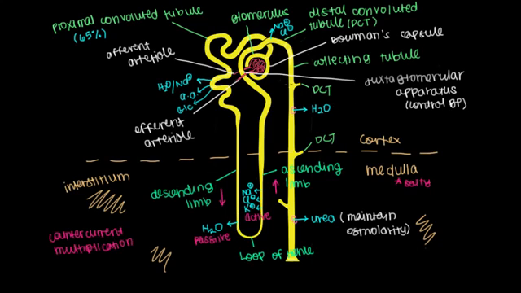And finally, I want to close the loop on what happens to this poor efferent arteriole right here, because we came off the afferent arteriole, and this, I promised you, would turn into a capillary and then a venule. And here's where I'm going to talk about that. Because we've reabsorbed all of these awesome things here in blue, but we don't have a way to put them into the bloodstream yet. Well, the efferent arteriole gives us a way to do that.